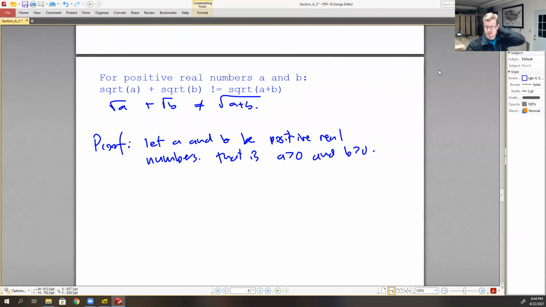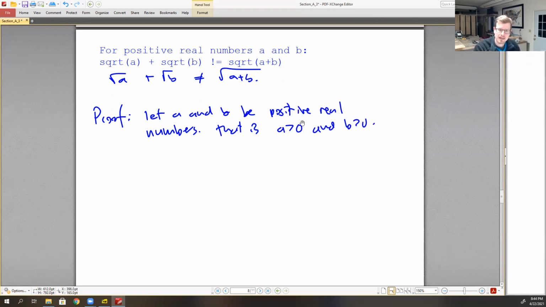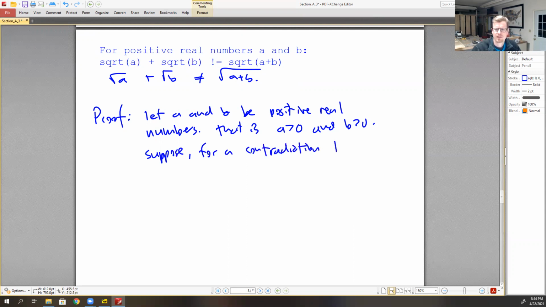Okay, they're real numbers that are greater than 0. Excellent. So suppose for a contradiction that we have equality, so not equal to becomes equal to. Suppose for a contradiction that they are in fact equal to one another.